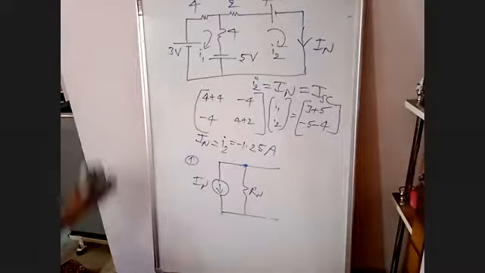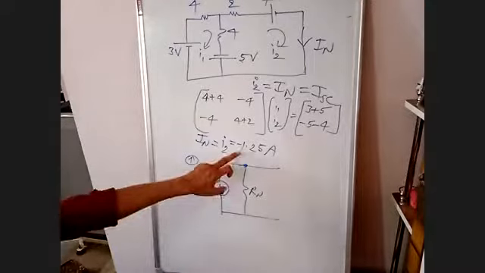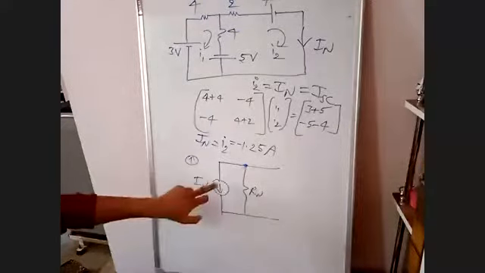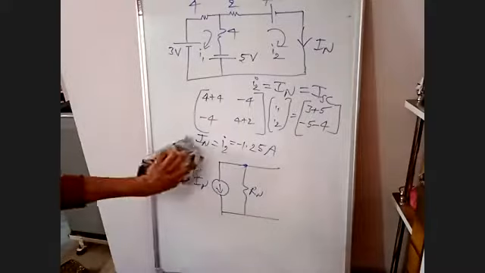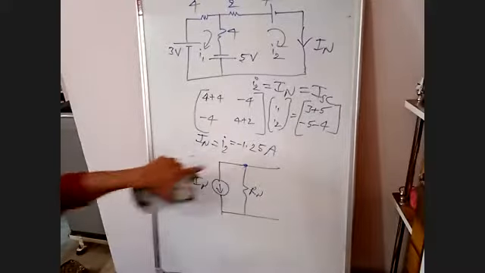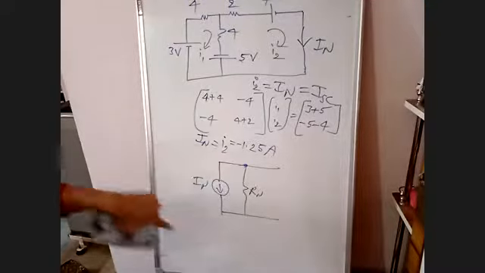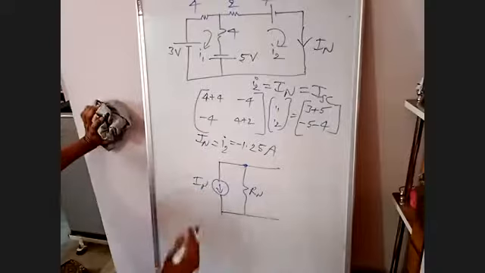You have taken the upward direction. If you are getting positive, we have taken the upward direction. If you are getting negative, they have taken the downward direction. That's why they have taken it here as positive. Actually, you will get negative. That negative has to be represented in the downward direction, in this direction.